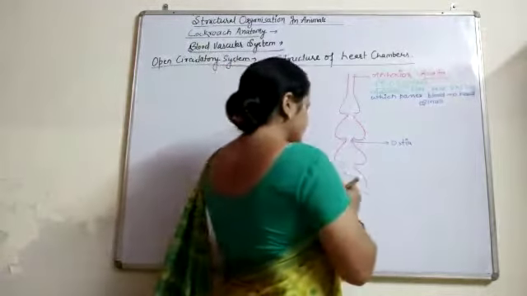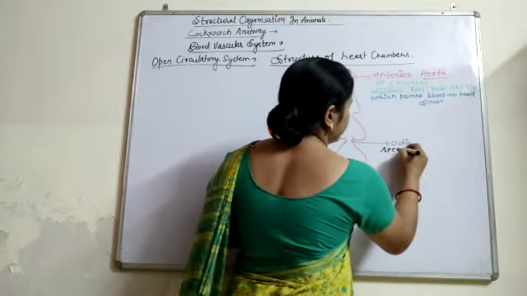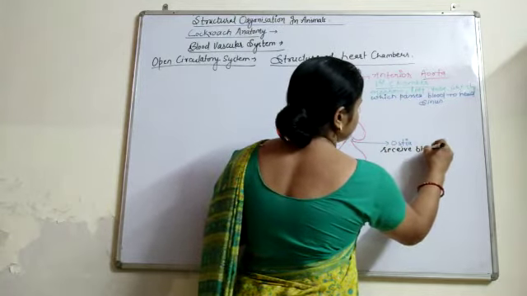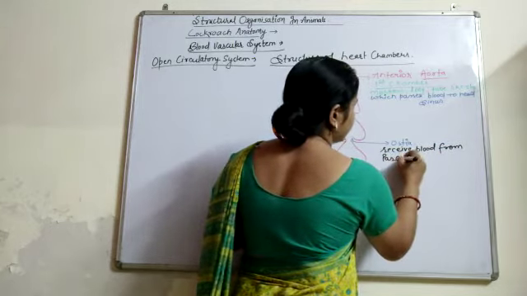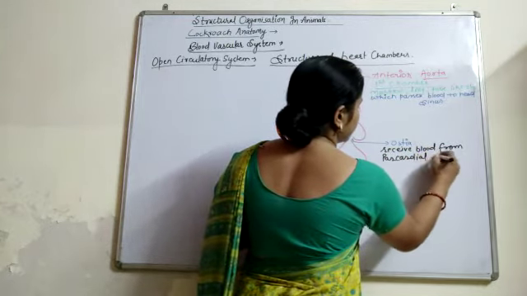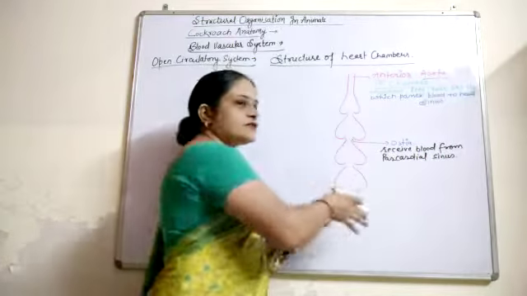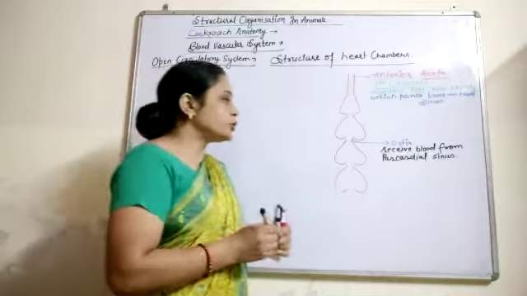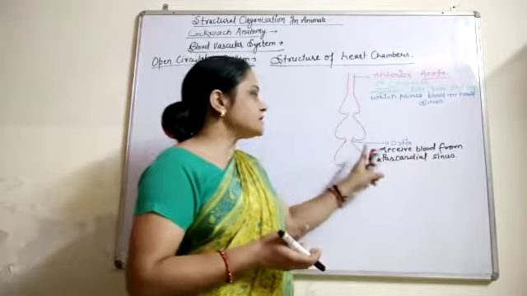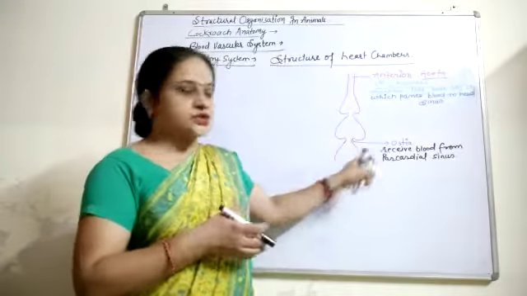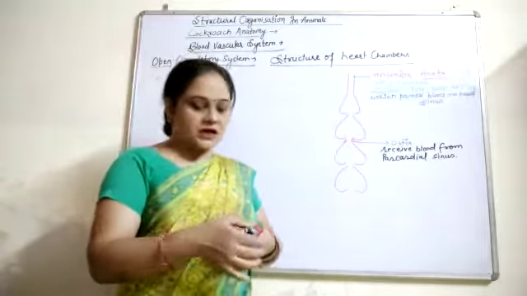These ostia receive blood from the pericardial sinus, means from the entire body cavity. It receives the blood from the pericardial sinus through the ostia, and these ostia are guarded by specific valves.